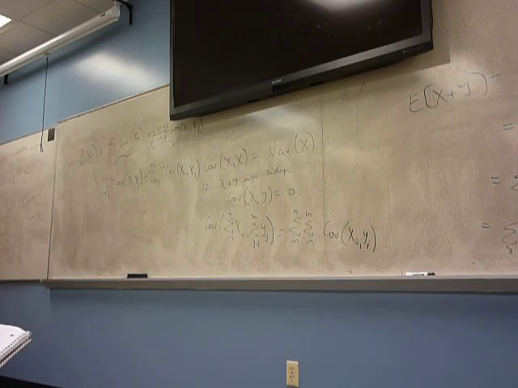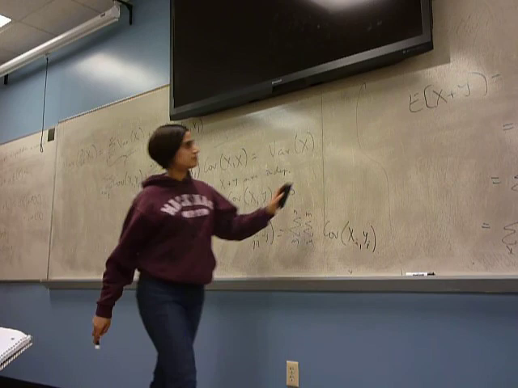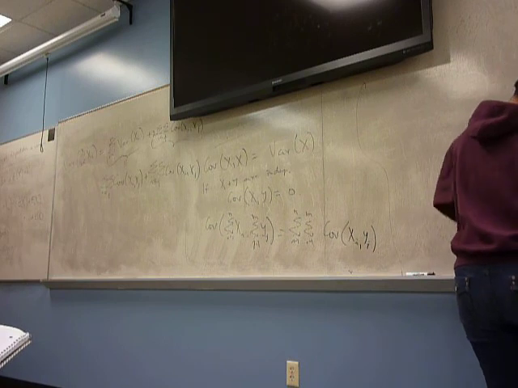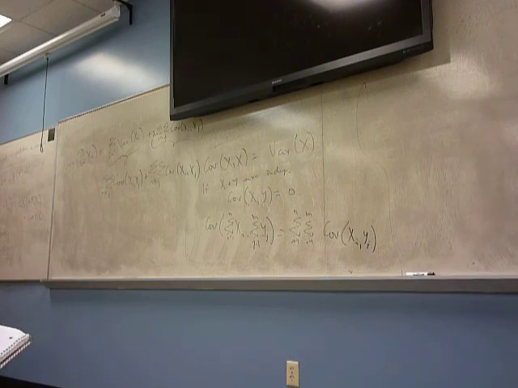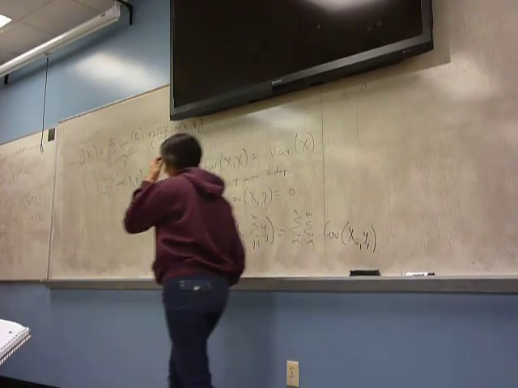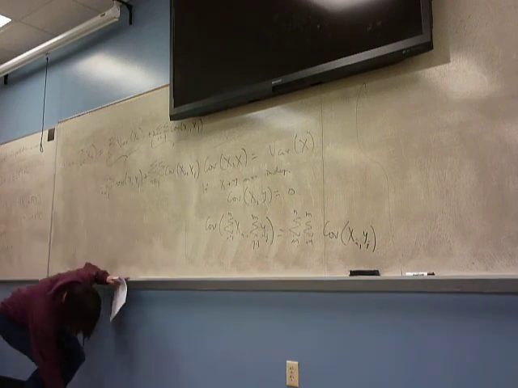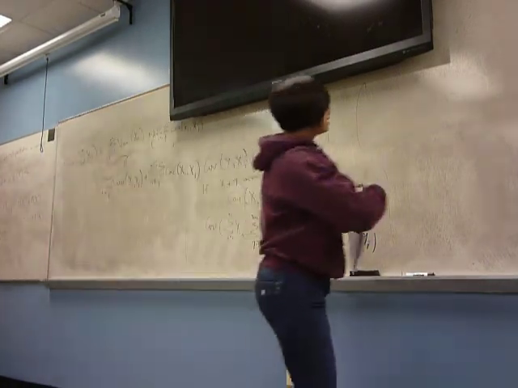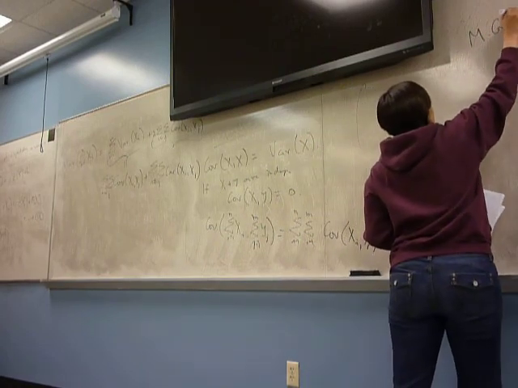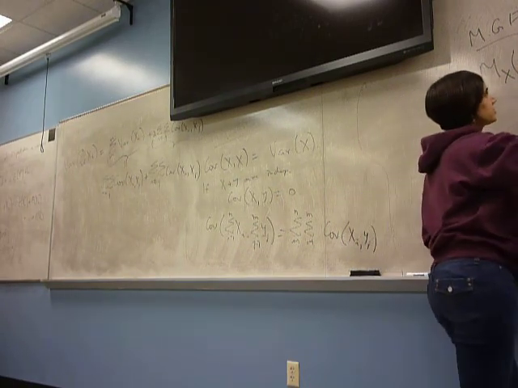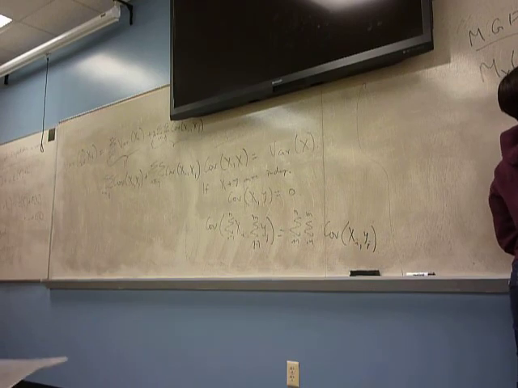Moment generating functions. Next is moment generating functions, and the definition of a moment generating function: the moment generating function of a variable x is a function of t that is just the expectation of e raised to tx.